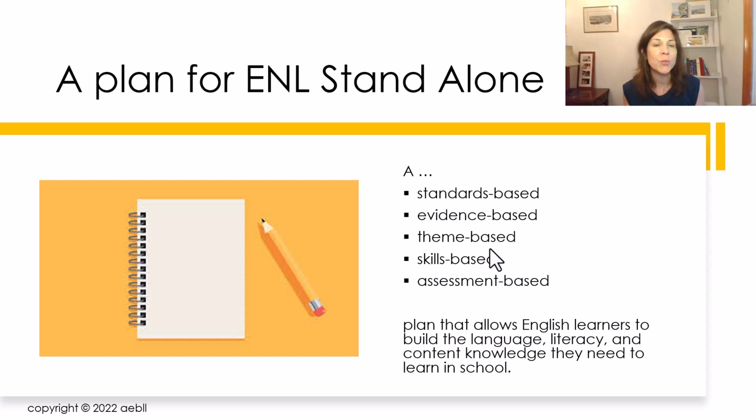We're going to give them some formative assessments based on the standards and based on our content objectives, which is what we're going to talk about today, and language objectives, which are the linguistic skills that allow you as the teacher to measure their progress over the year. And so, of course, the goal is that this plan allows English learners to build the language, literacy, and content knowledge they need to learn in school.